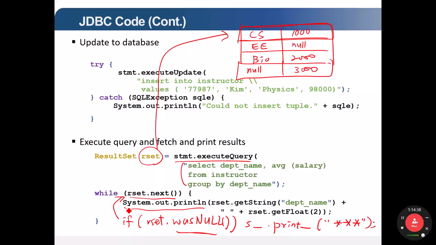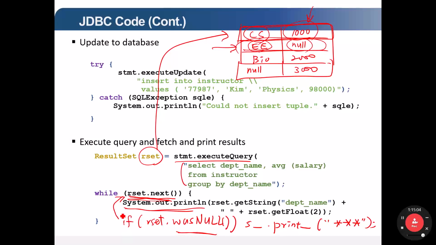So we move on to the next line and print out computer science and 1,000. And then we call rset.next again. So we move to the second record, and what was the last value that we checked? It was 1,000. It doesn't have a null value. So we move on to the next record and print out electrical engineering and null value.